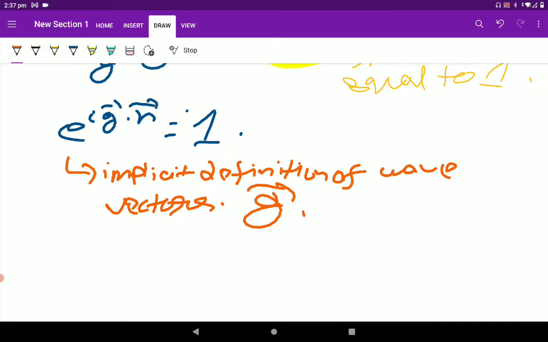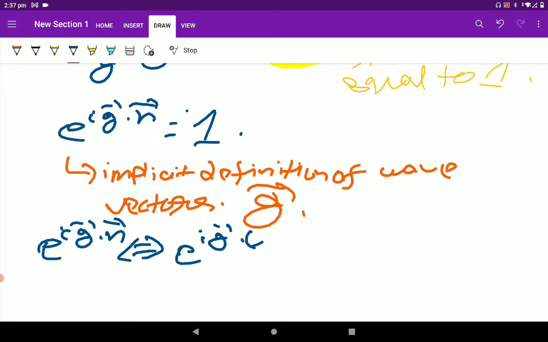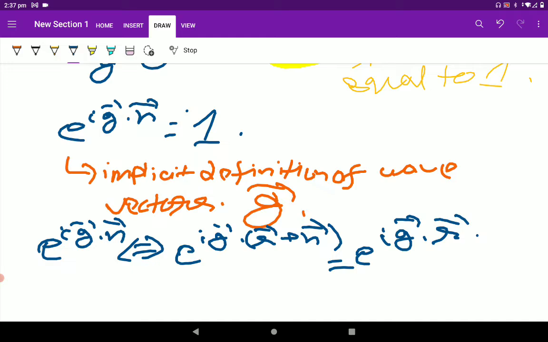So here e to the i G dot n can be further written into this. Okay, so this is the periodic plane wave.